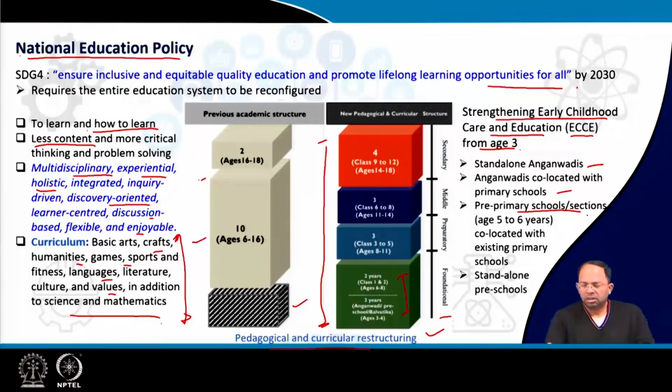Pre-primary schools or sections could also be co-located with existing primary schools, and there could be standalone preschools as well. So this is where a lot of change has to come, and we have to create or reserve facilities when we plan urban areas for this kind of new infrastructure required to implement the new educational policy.